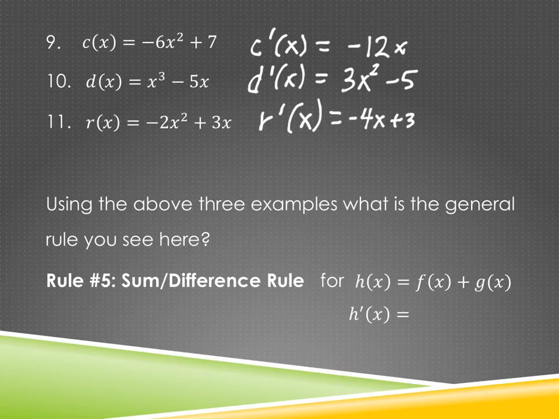Okay. So in general, what happens when we have two functions that are added together when we take their derivative? We take their derivative separately, and then we add them together, right? So this is f prime of x plus g prime of x.